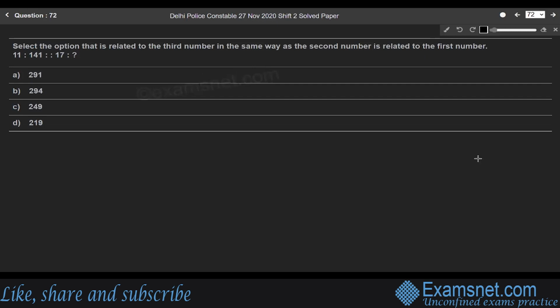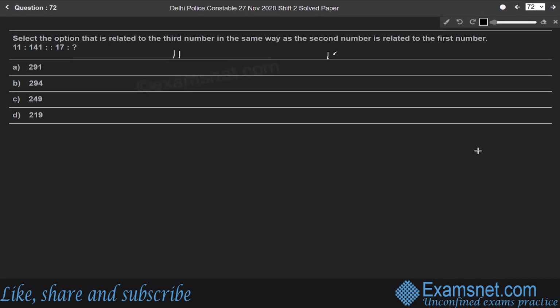Question 72. Select the option that is related to the third number in the same way as the second number is related to the first number. So 11 is to 141. So 7 is to what? Here 11 is related to 141 as 11 into 13 minus 2: 11 into 13 is 143, minus 2 is equal to 141.